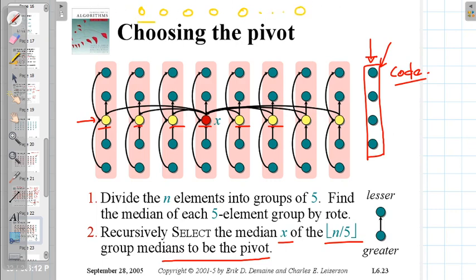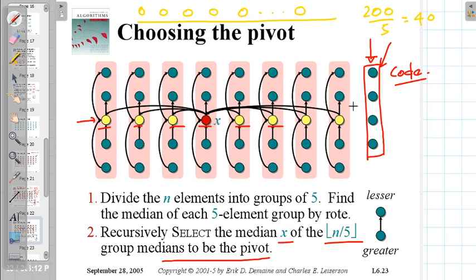Then we have to divide these 200 elements into groups of 5. 200 elements divided by 5, how many such groups do we have? 40 elements in the next step.